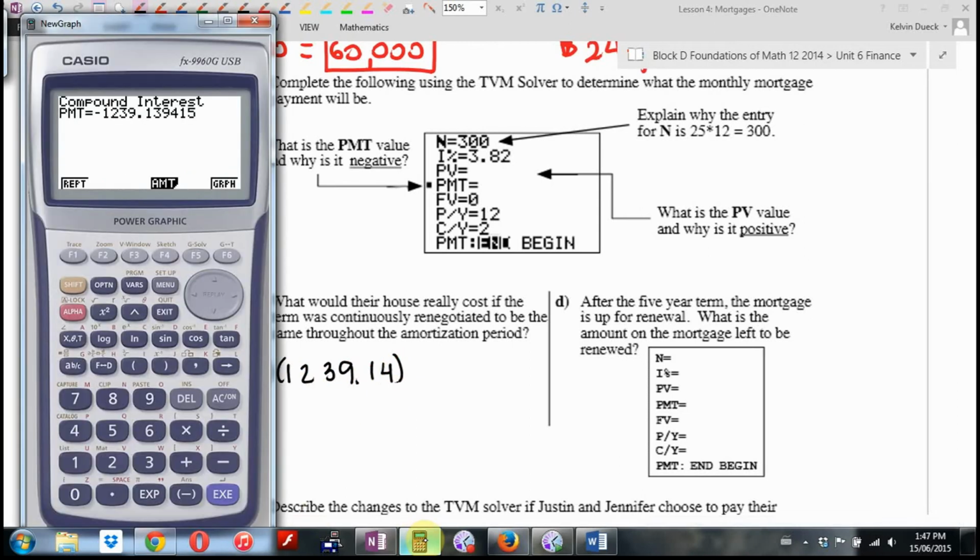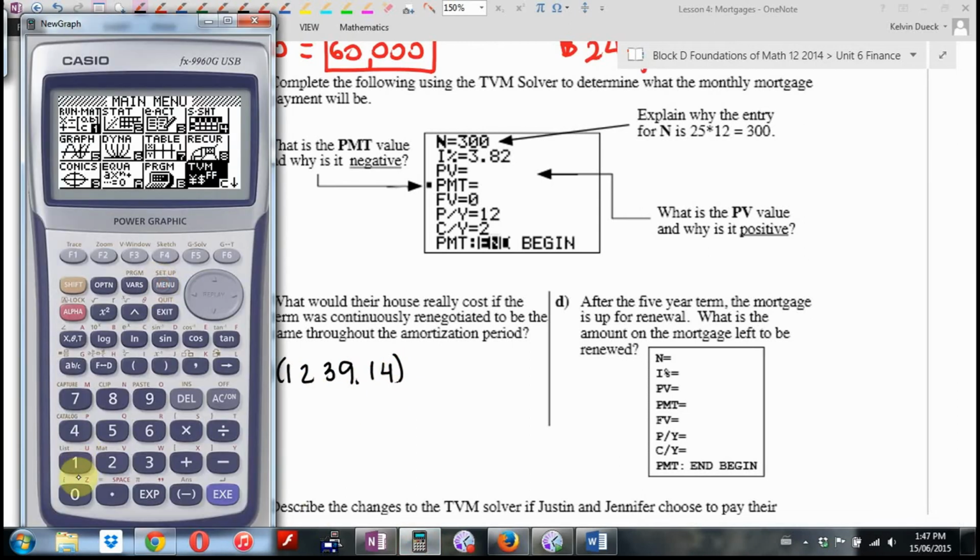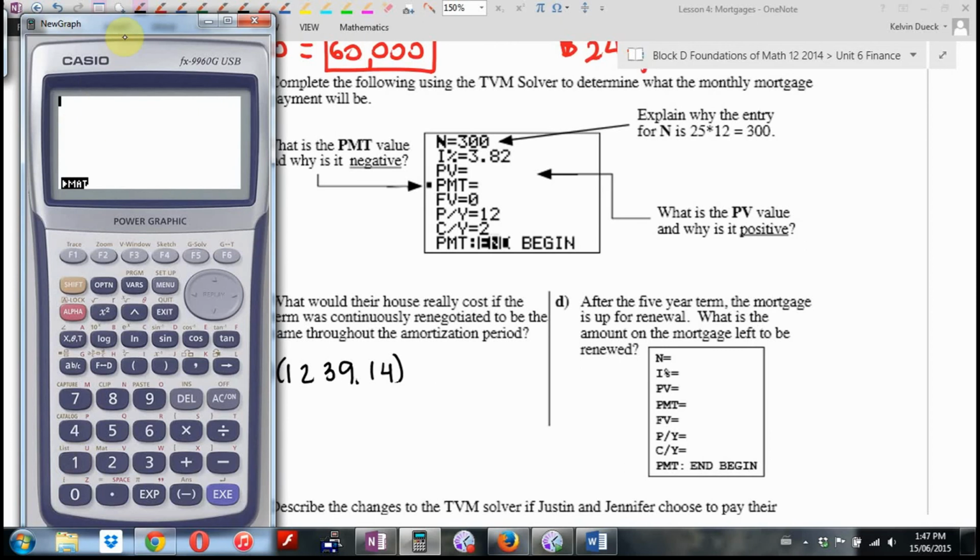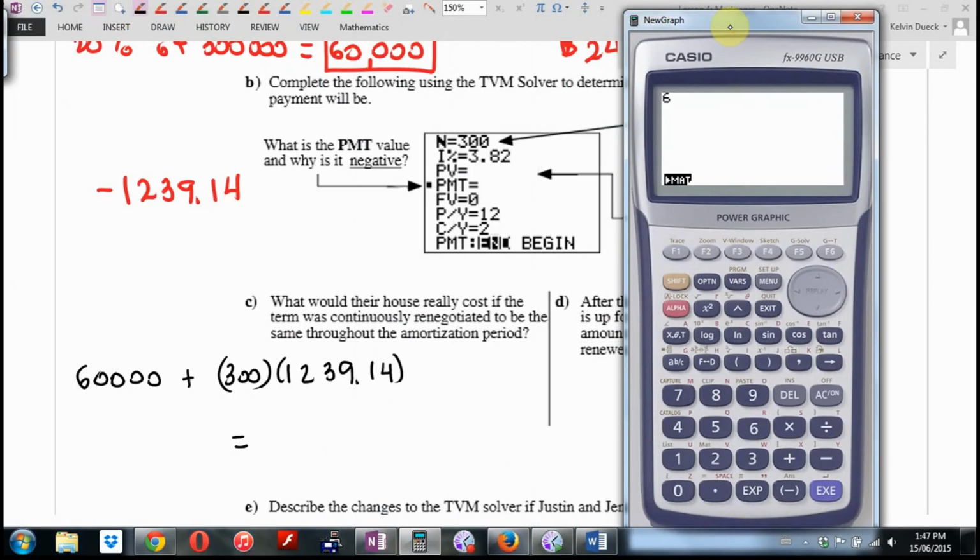How much are they actually going to be paying? So let's go to my calculator. 60,000 plus 300 payments a month, $1,239.14. So their $300,000 house is going to be costing them how much? It adds up.